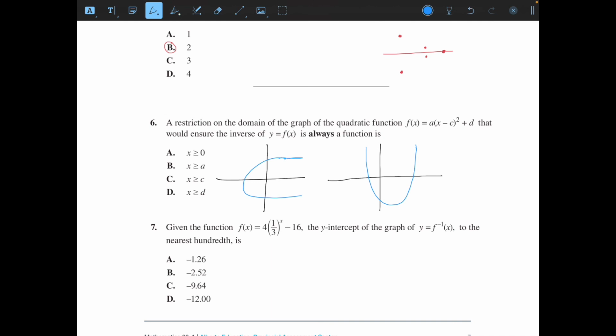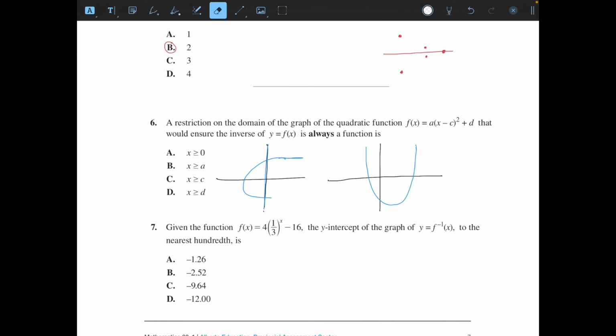So this is not a function because, well, if I ask you what's f of 0, you're going to be like, oh, f of 0, that's 2, or whatever that negative value is, negative 2. A function can't have more than one value at one point. So it's not a function.